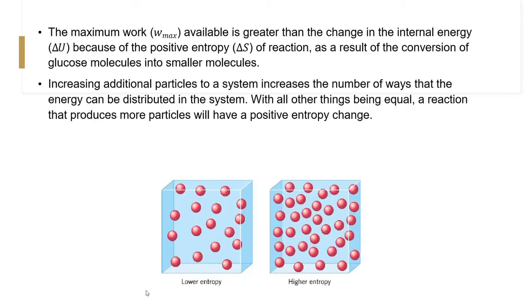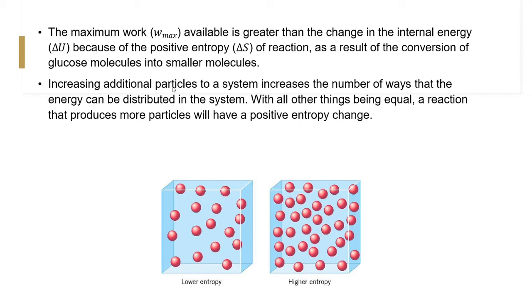It's more than that of the delta U. So the maximum work available is greater than the change in internal energy because of the positive entropy of reaction as a result of the conversion of the glucose molecules into smaller molecules. So it breaks up and becomes smaller molecules.